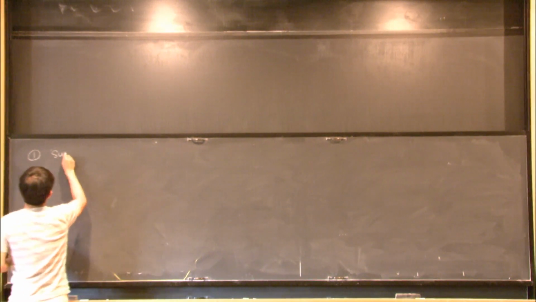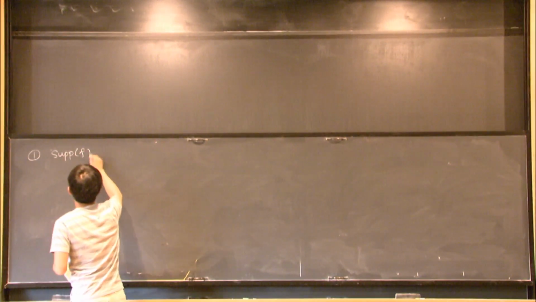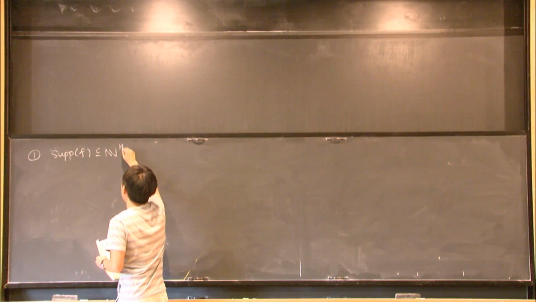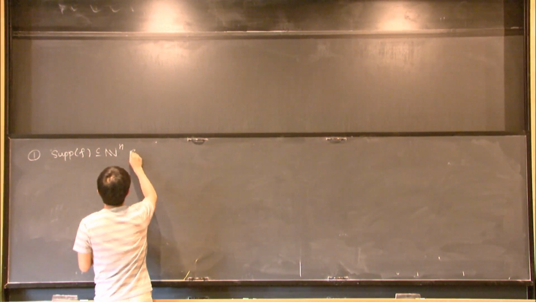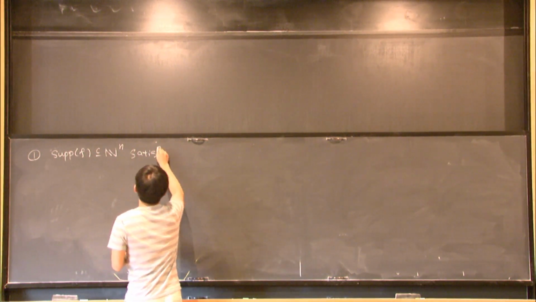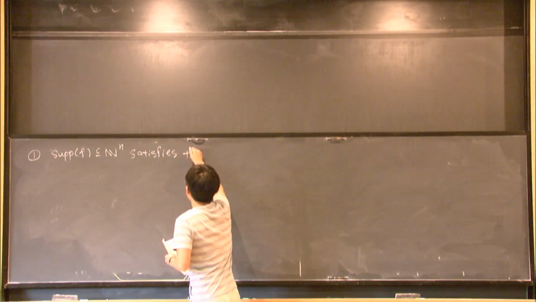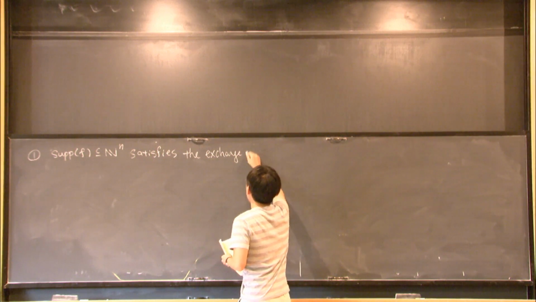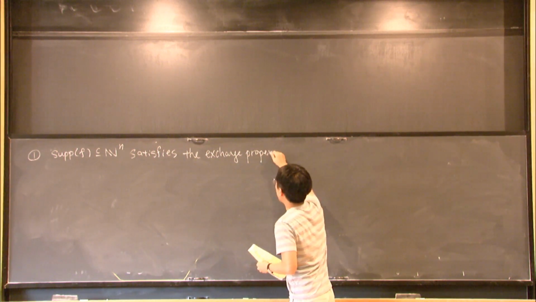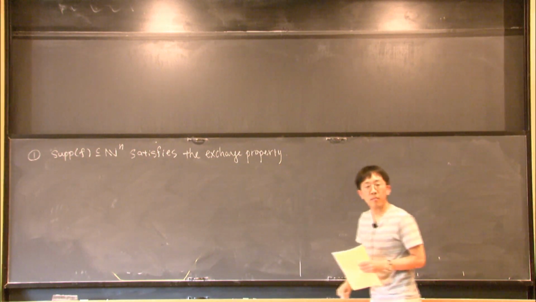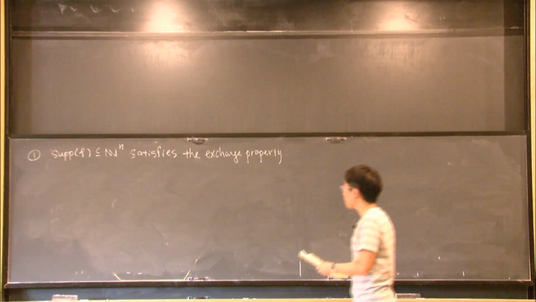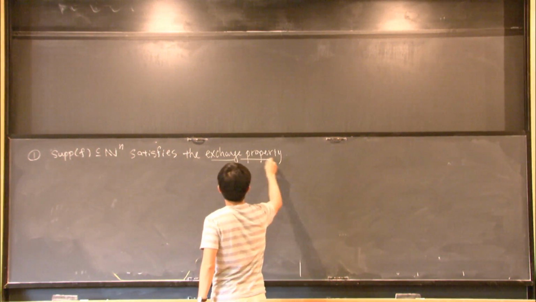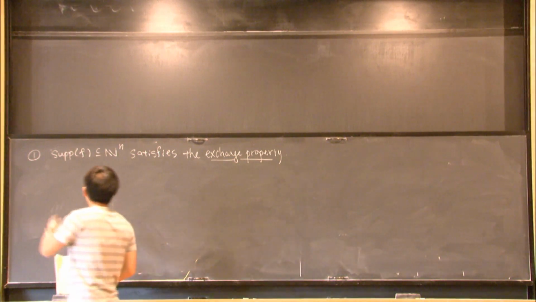The first is that the support of f, the set of monomials viewed as a subset of the lattice, satisfies the so-called exchange property. The same exchange property that you see in matroid theory or linear algebra of bases.